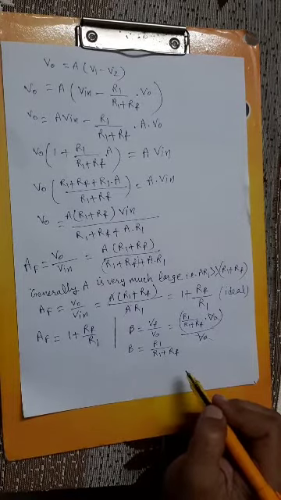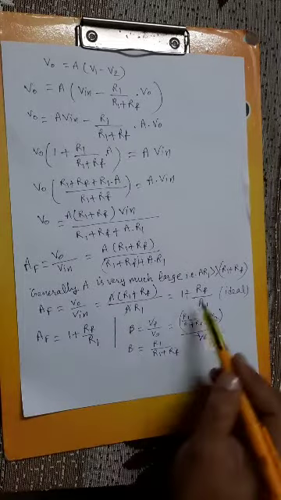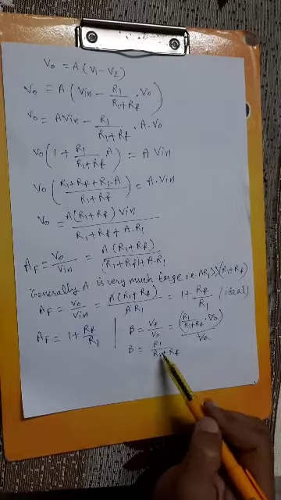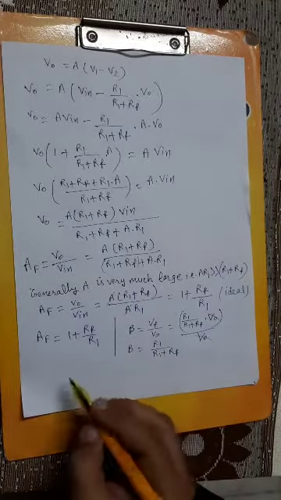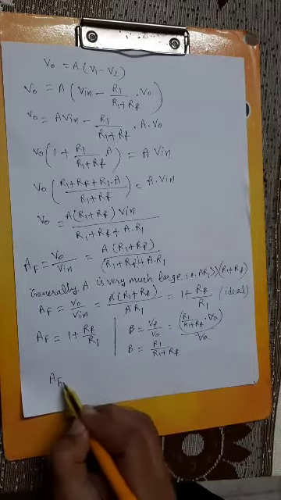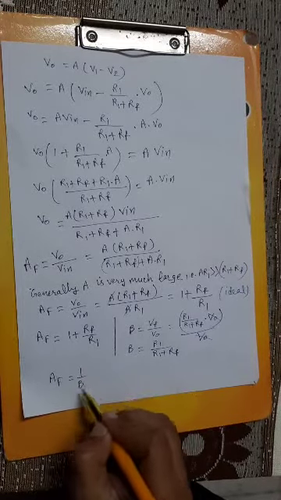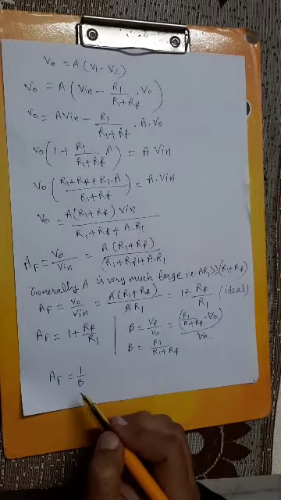If you compare AF and beta, you can conclude that AF is equal to 1 by beta.